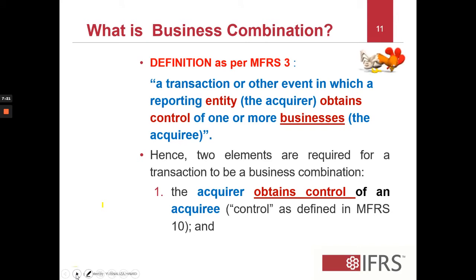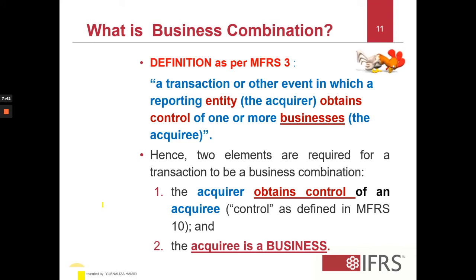And number two, what is being acquired is a business. It's not that net assets are being acquired; that is the case of amalgamation and absorption. So the acquiree must be a business. You are acquiring a business.